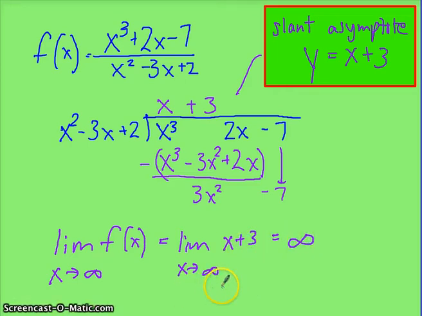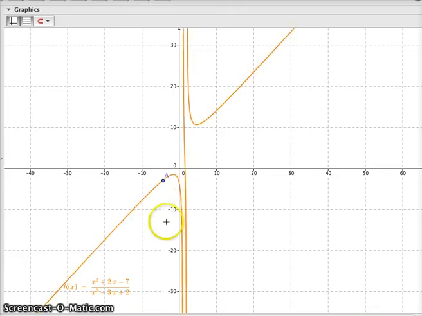If we are approaching negative infinity, as x gets really, really large on the negative side, negative 10 to the 99th and even bigger, the value of the function is also going to be a very, very large negative number. And that can be justified by looking at our graph.